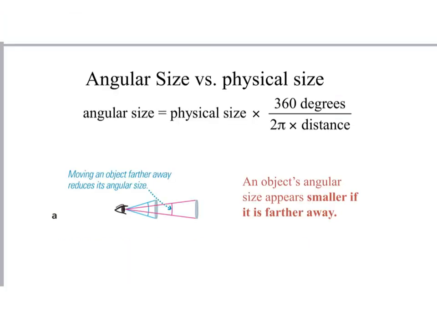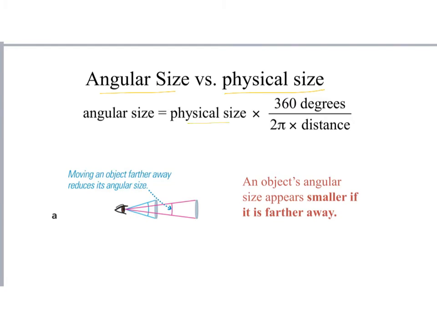Another useful thing to discuss is the angular size, the angle that is obtained by either the distance between two stars or two things in the sky, or the size, say, of the rings of Saturn, and the physical size, like the exact length of that distance.